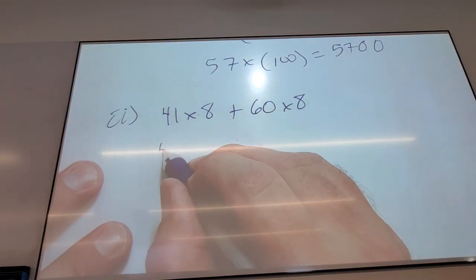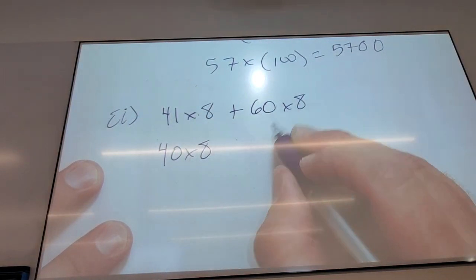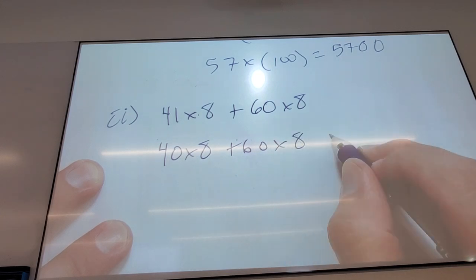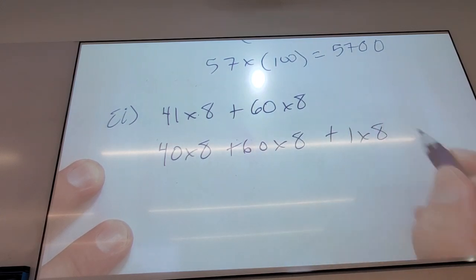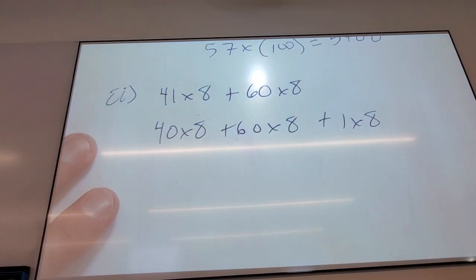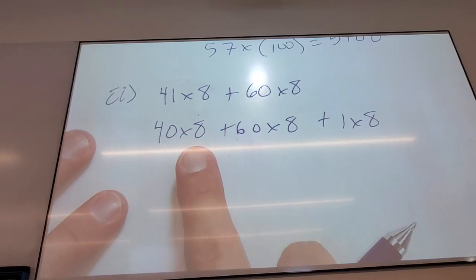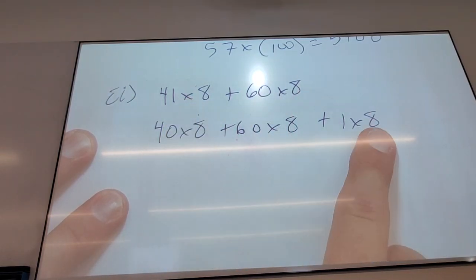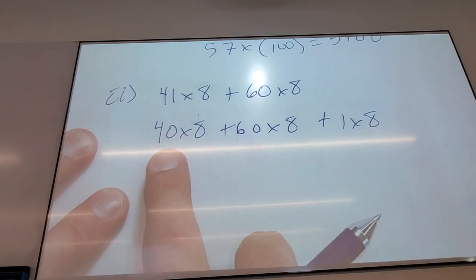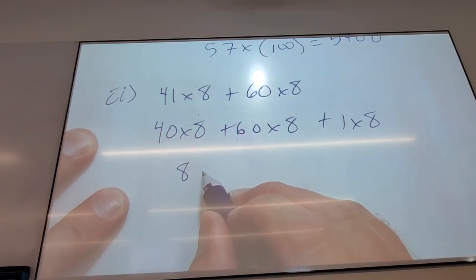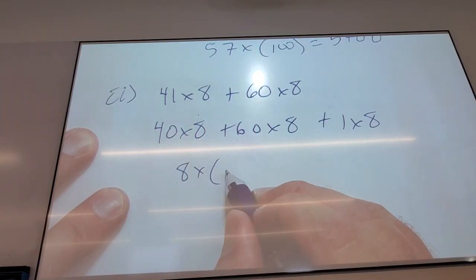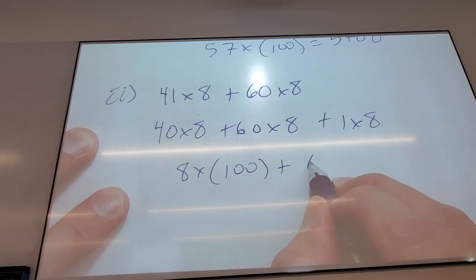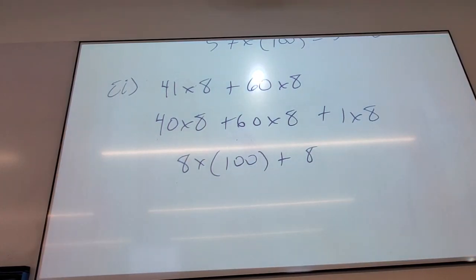This would be 40 times 8 plus 60 times 8 plus an extra 1 times 8, right? This is 40, 60, and then the extra 1. Then here, this would be 8 times 40 plus 60 plus 8. You guys kind of with me?